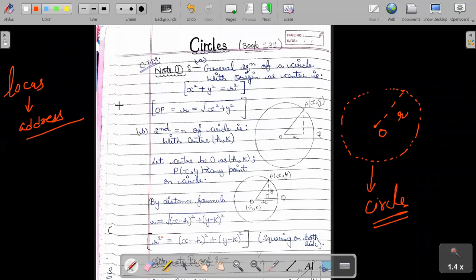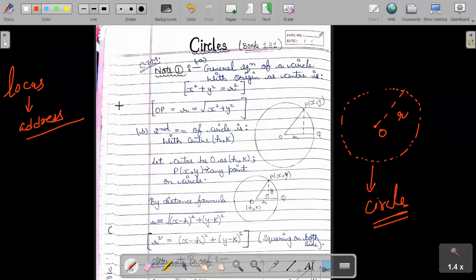When I say y is equal to 5, it is all those points whose distance from the x-axis is 5. So an equation gives you the address of the points, or the collection of points which satisfy some same property. This is the reason they are also known as locus. Locus is a collection of points which satisfy some common property.